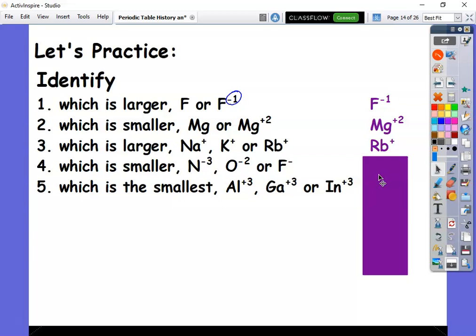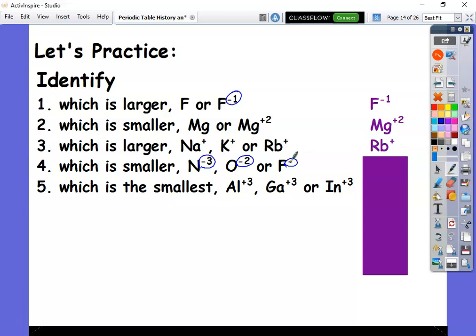Of nitrogen, oxygen, and fluorine ions, which is the smallest? I want to point something out to you before we talk about the answer to this question. The magnitude of the charge here, -3, -2, or -1, does not matter. Okay, that number up there does not matter. What matters is that these atoms have all gained electrons to become anions, but the amount of electrons that they gain will not affect the size of the ion.